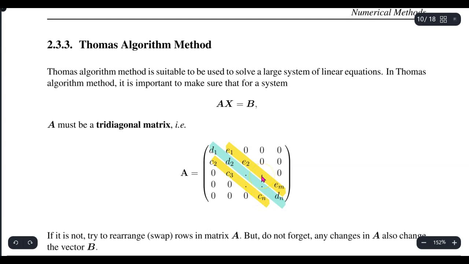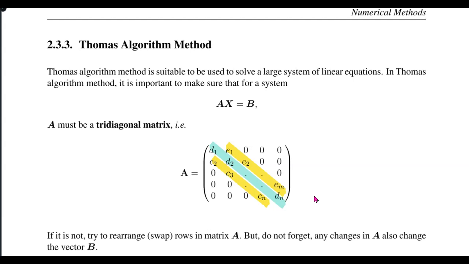So that is the specific criteria that need to be fulfilled before we can proceed with the Thomas algorithm method. It depends on the problem. Sometimes initially the A that is given to us is not in the form of tridiagonal yet. But maybe after some rearrangement, in terms of swapping the rows here and there, you can come out with A in the form of a tridiagonal matrix.